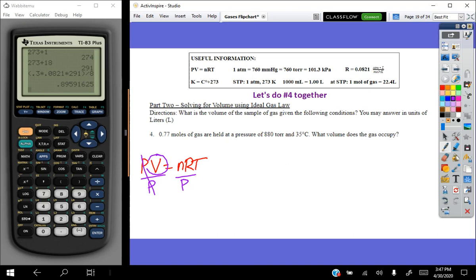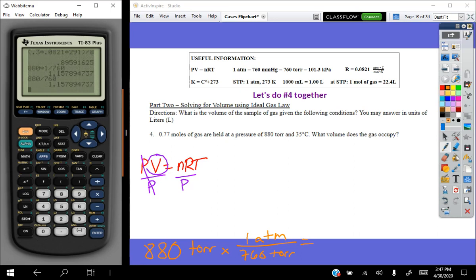I see 880 torr, which should be in atmospheres, so I'm going to have to convert that. Remember, and I'll do it down here in a visible color, 880 torr is very similar to millimeters of mercury. So 760 torr on the bottom, 1 atmosphere on top. This is the same thing as dividing, so we can multiply times 1 over 760, and you'll get your answer, or you can just jump to 880 divided by 760, and you get the same answer.